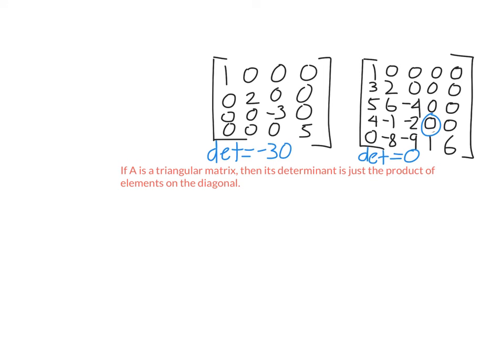But if the matrices are not triangular, if they have a lot of non-zero elements, finding the determinant of a 4x4 or 5x5 matrix can be very, very hard and computationally very expensive. So sometimes what we will try and do is take a matrix and decompose it, write it as a lower triangular matrix times an upper triangular matrix.